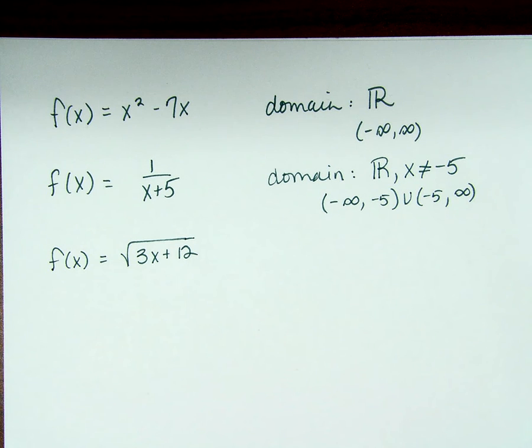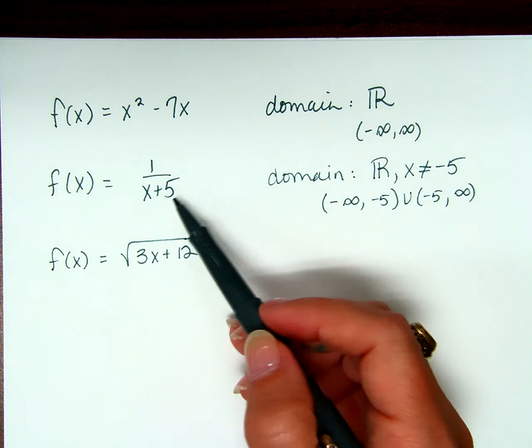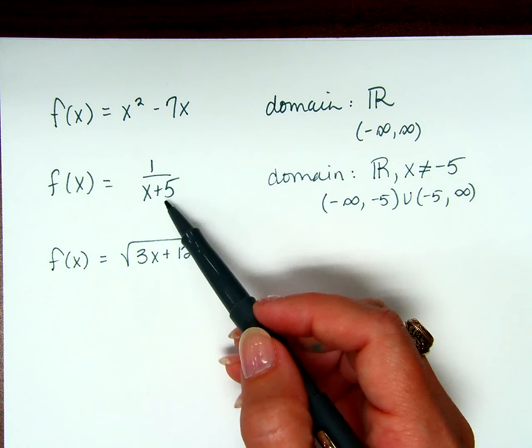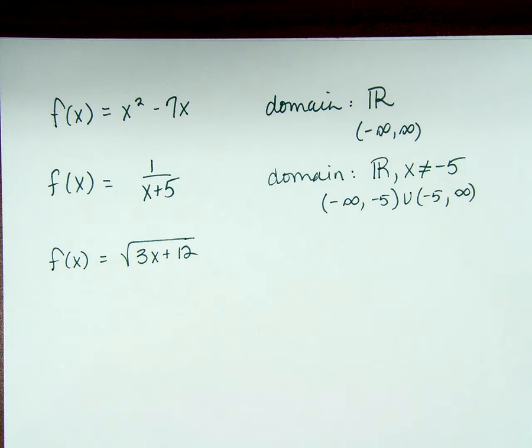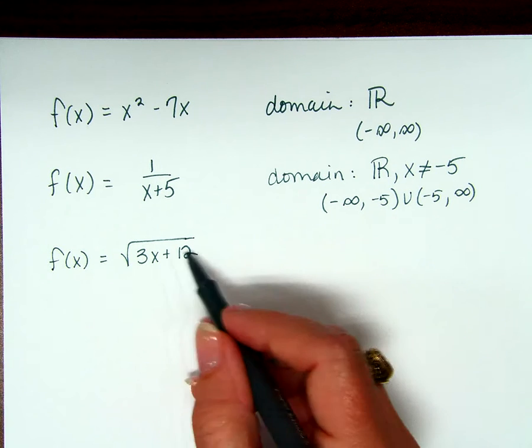What about negative 4? Well, it seems like what you did is take what is underneath the root sign and set it equal to 0. It's kind of what she did a second ago. She took the denominator and set it equal to 0. So if we take what's inside and set it equal to 0, we get x equals negative 4. We have to think about what this function actually looks like.